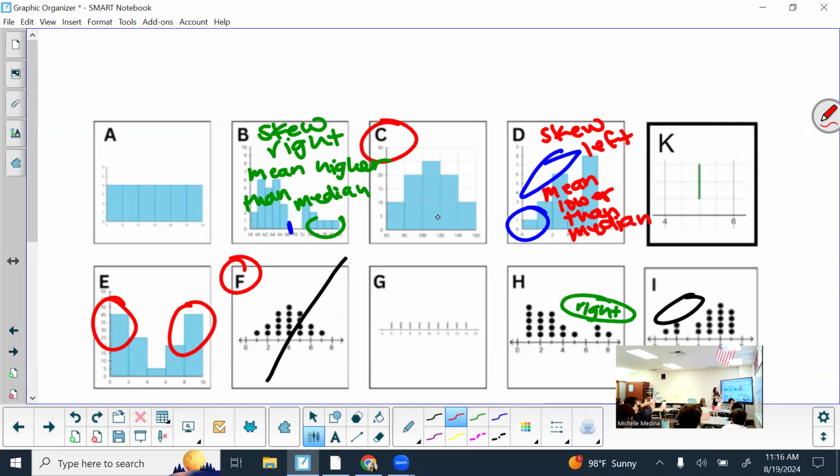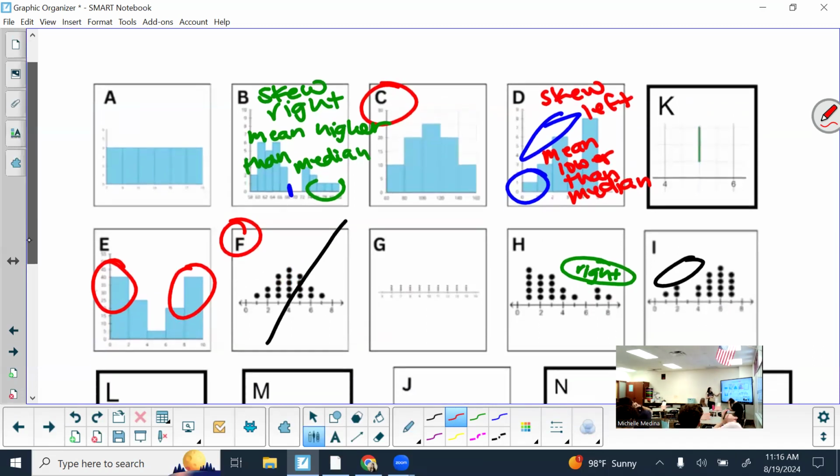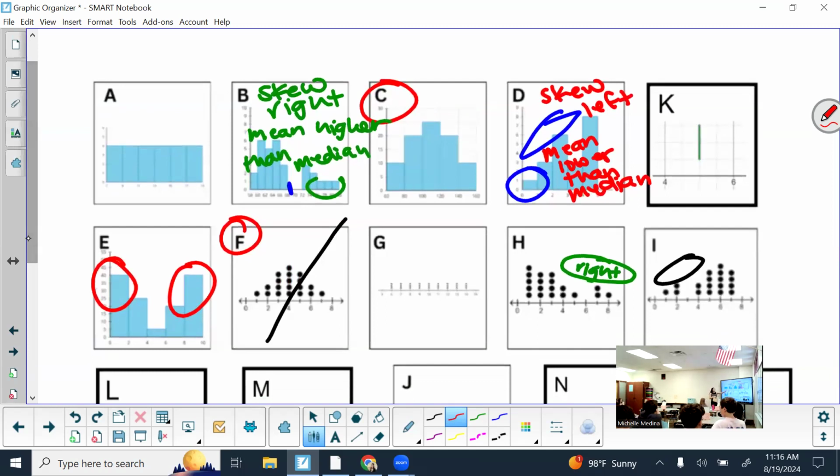One thing you'll be asked on your test is which of these is more spread out. Think about it, don't say it yet. Compare C and E. Think about which one is more spread out. Raise your hand if you think C is more spread out. Raise your hand if you think E is more spread out.